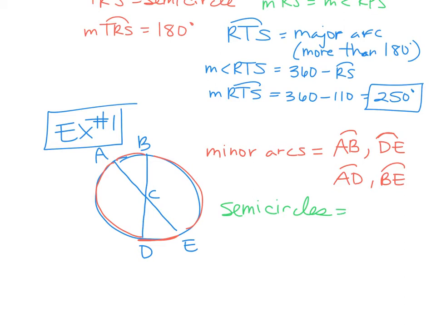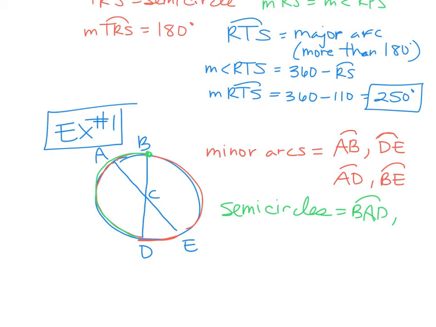Can you name for me a semicircle? And a semicircle, you have to use 3 letters. So if we start at B, okay, let's start at B. Give me a semicircle from B. B-A-D, so B through A through D. B-A-D. Daniel, can you give me a semicircle? Not BE, it has to go through a diameter. It's half the circle, right?